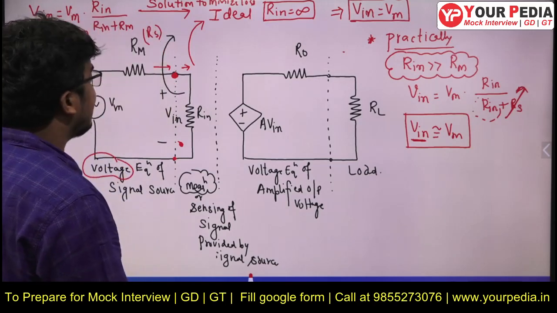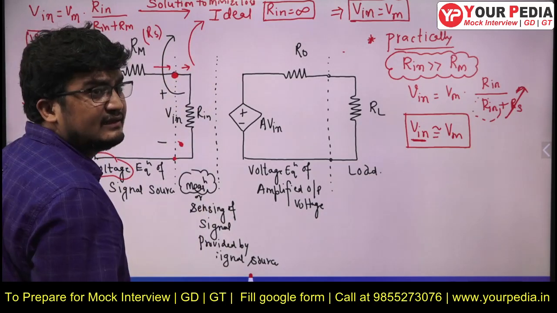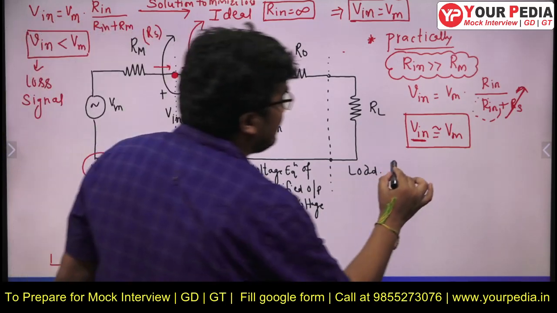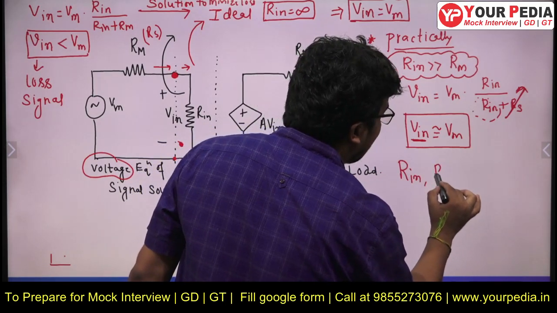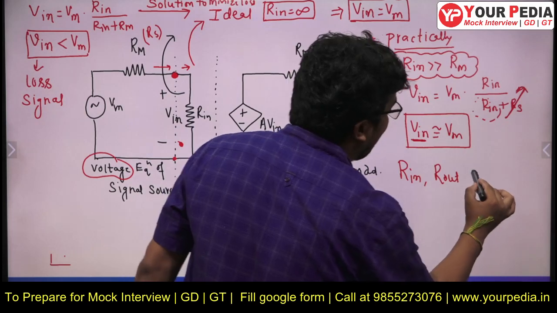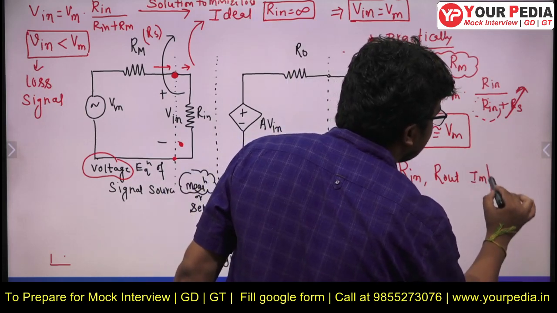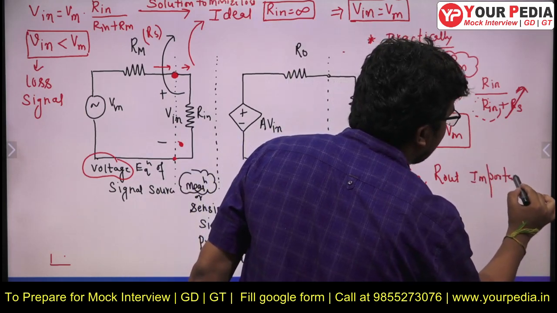If I check its interface capability, what are the important parameters? Input impedance and R output.